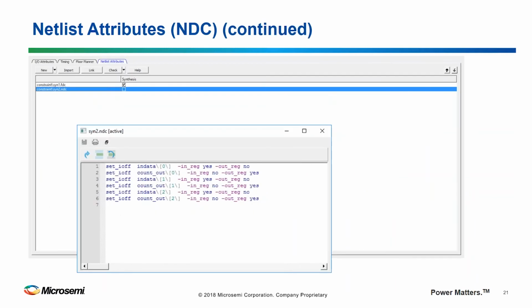So in SmartFusion 2 and Igloo 2, we have I/O pads that have flip-flops built in. The synthesis tool doesn't use those I/O flip-flops. The layout tool will automatically try to use them if it can improve your timing based on your timing constraints that you entered.